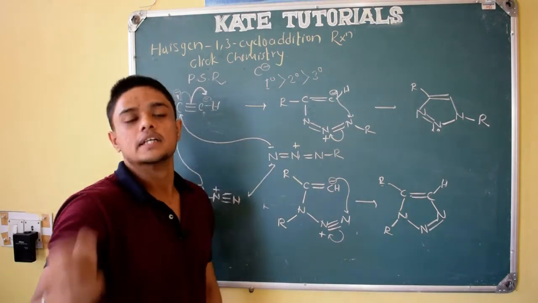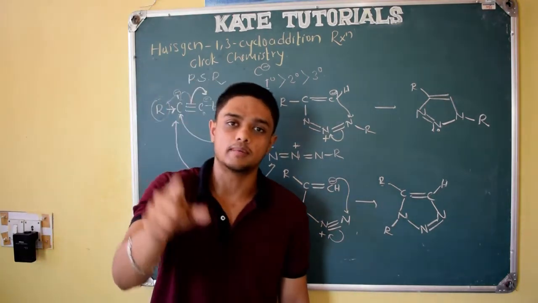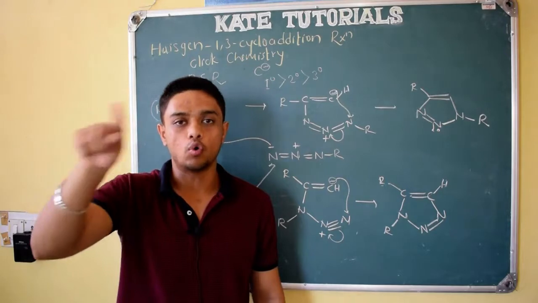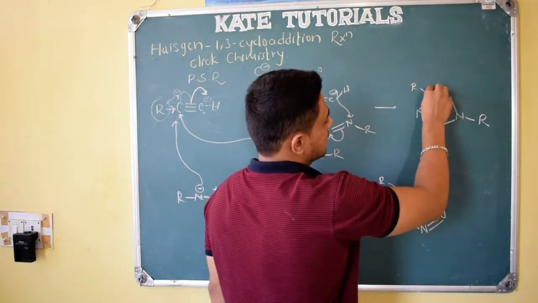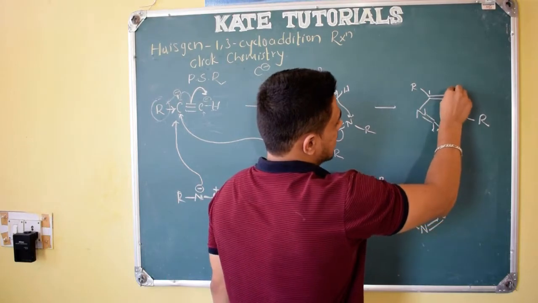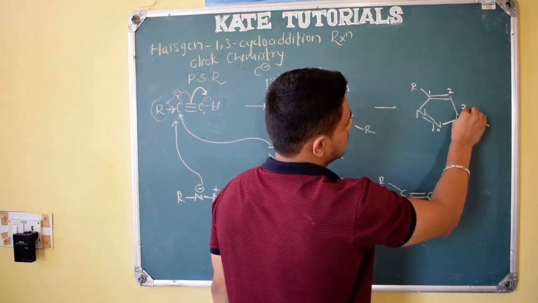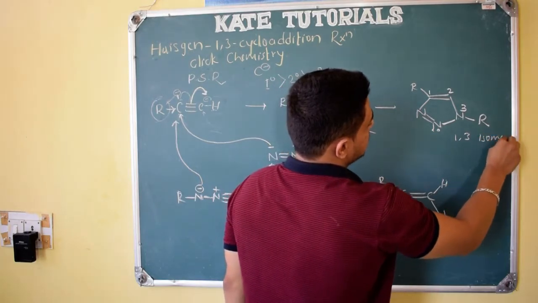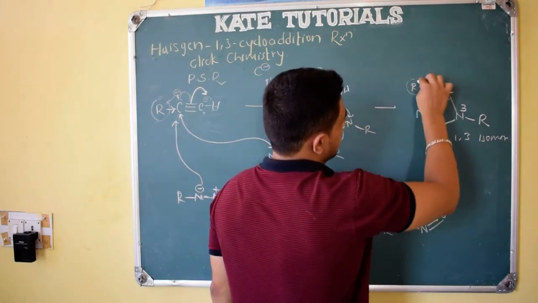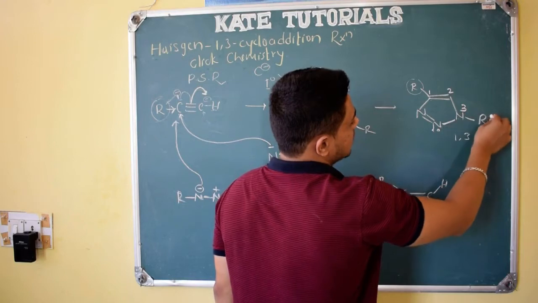What are regioisomers? The isomers which vary in the position, but the molecular formula of the whole compound will be the same. See here, if I number the carbon 1, this is carbon 2, third is on nitrogen. So it is the 1,3 isomer, because in the first position R is there on carbon and on the third, nitrogen, R is there.